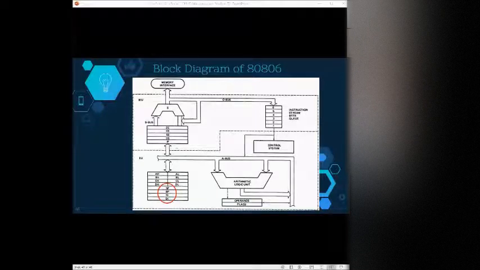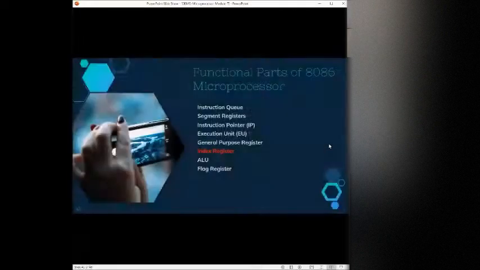It performs arithmetic and logic operations. ALU performs the math and logical operations on command by the EU. So that's the function.